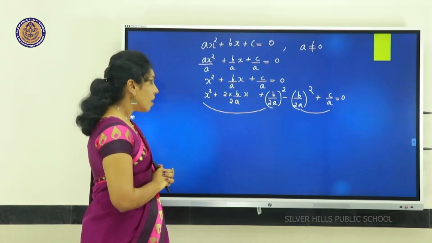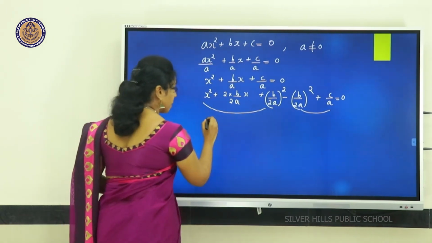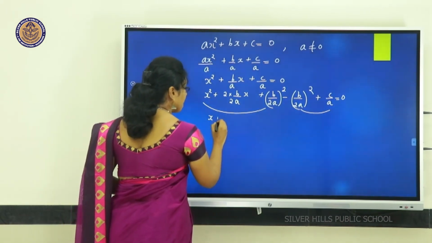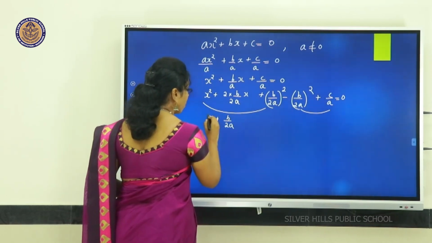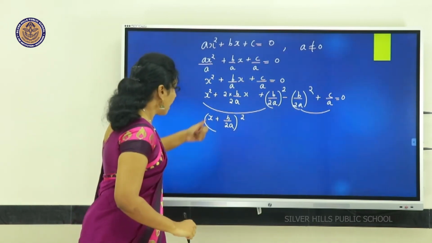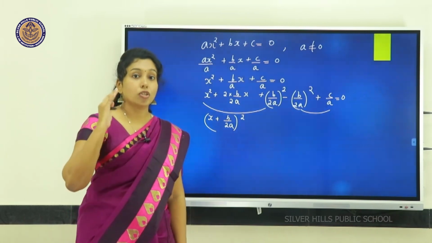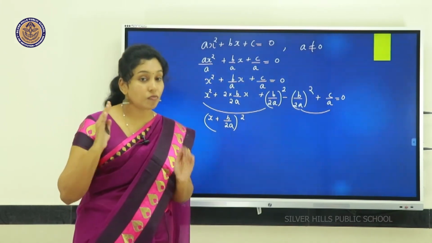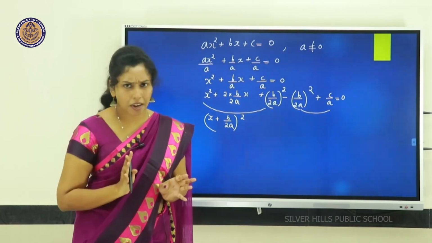So it's very clear that this can be written as x plus b by 2a the whole square. So if you have doubt, just expand this. X square, I'm getting x square, plus 2ab. Which identity did we use here? A plus b whole square or x plus y whole square.